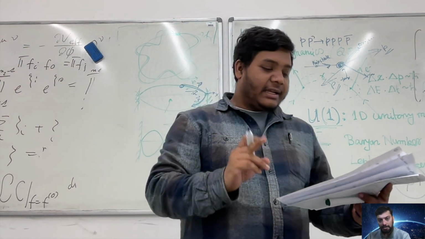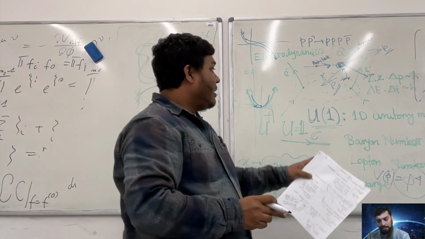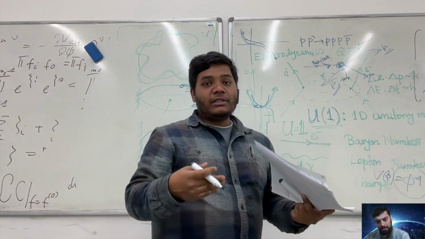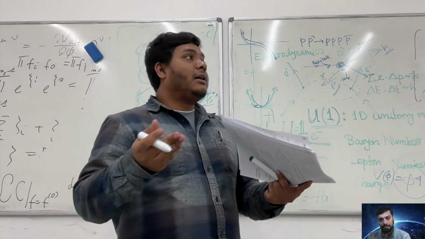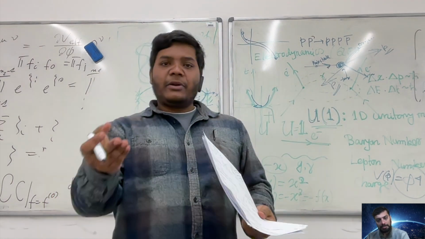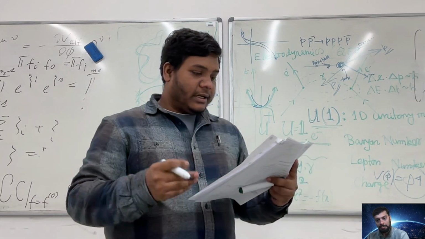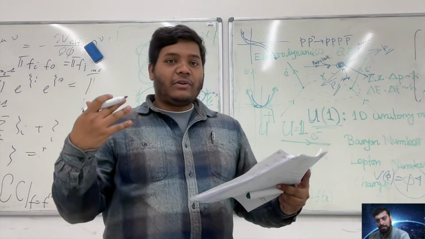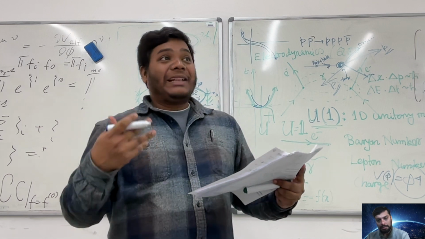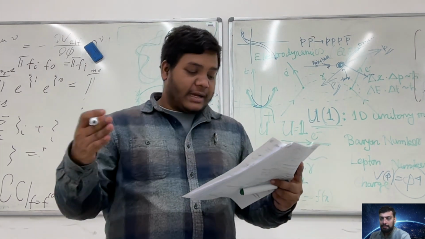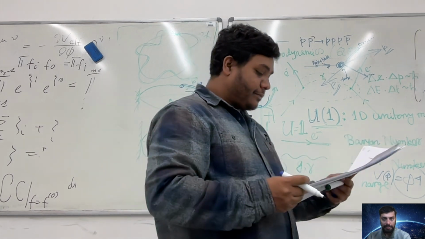At least for QED, we will try to understand how the U(1) symmetry comes into the picture and why it is important for QED, or quantum electrodynamics. If we are able to understand it for QED, then we can use that intuition to understand how, mathematically, one can think there will be an underlying symmetry for QCD and the weak interaction also.